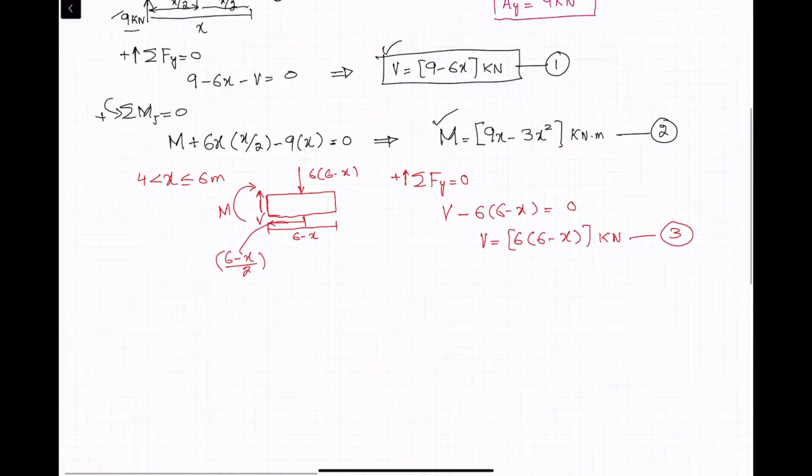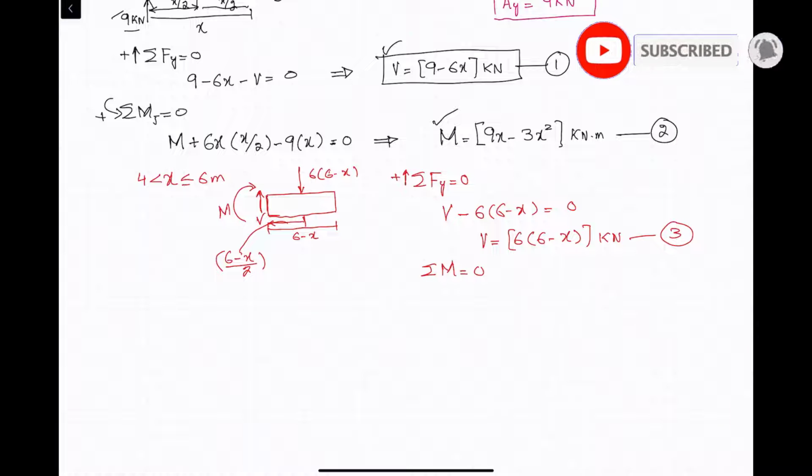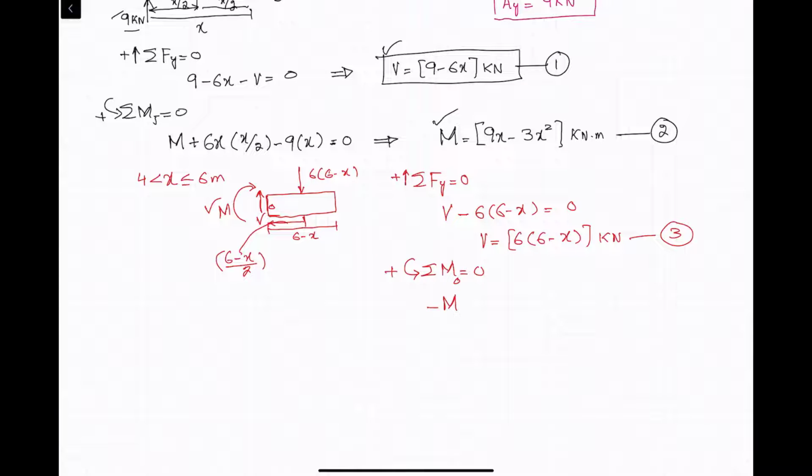Now for moment we will take the sum of all moments about this point O. Let this be O. So the sum about O is equal to 0, and the external moment M, you can see this is clockwise, that is minus, and due to this force 6 into 6 minus x, with perpendicular distance 6 minus x divided by 2, it is also producing clockwise, so it will also be minus.